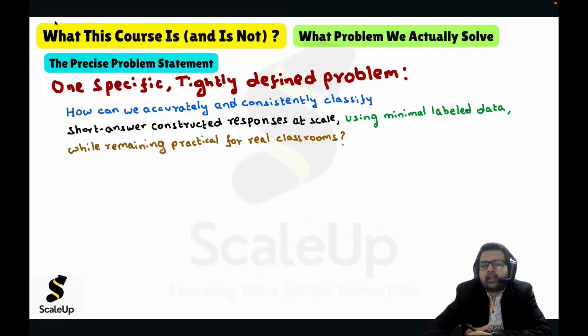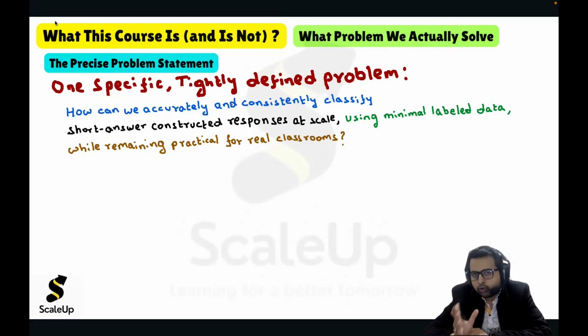There AI comes into the picture, and with the power of AI, we can do the assessment of it. We can grade it at scale. So in this course, we will be focusing only on the short answer constructed responses and not the long answers.